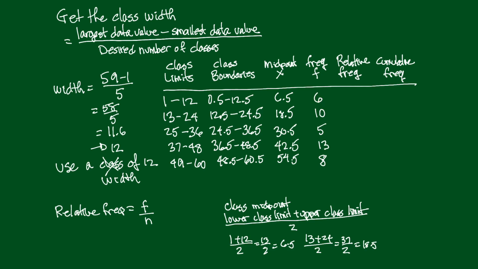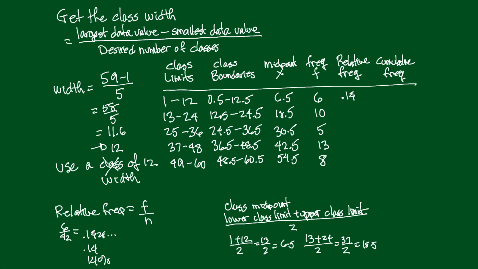So for the first class, it's going to be 6 divided by 42, and I get 0.1428... I'm going to round this off to just 2 decimal places. Right, that's about 14% of the time. So I'm just going to write these as decimals. So 6 divided by 42 is 0.14. So the first class appears 14% of the time.